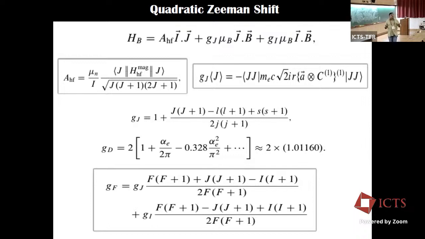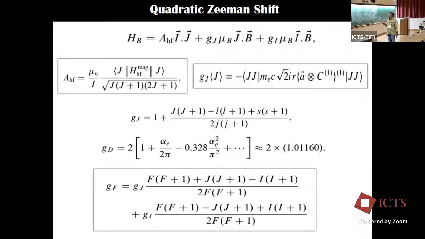So the leading order Zeeman shift comes from the quadratic part, and that can be estimated using this interaction Hamiltonian. This part comes from the hyperfine interactions, the magnetic dipole hyperfine interactions, and this is due to the electron angular momentum interacting with the applied magnetic field, and this is coming due to the electron spin interacting with the applied magnetic field.